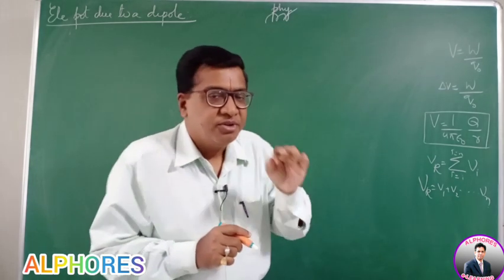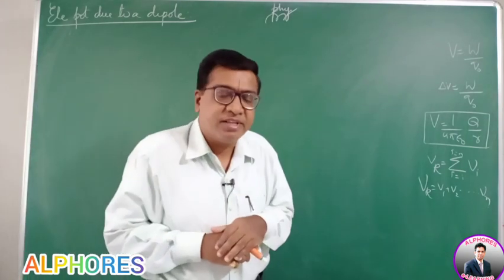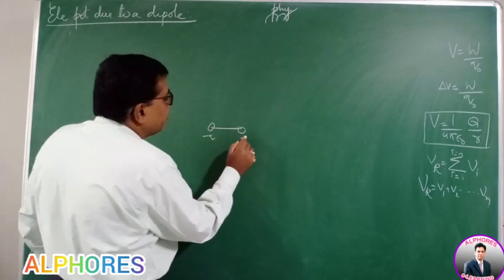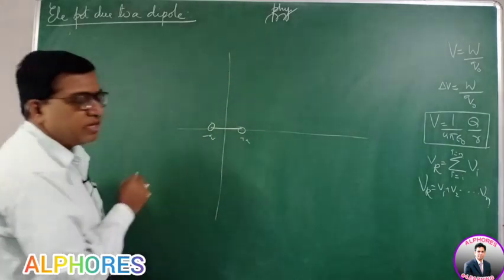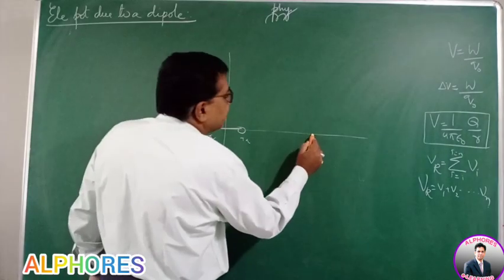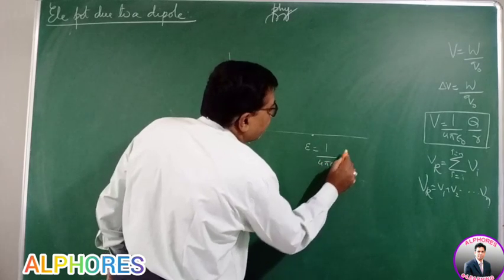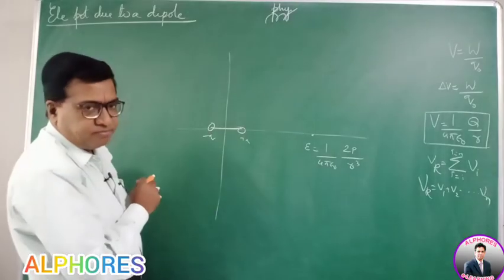For a dipole, we have even derived the formula for the electric field. If I consider a dipole like this, minus q plus q, then this is the axial line of the dipole and this is the equatorial line of the dipole. On the axial line, we derived E equals 1 by 4 pi epsilon naught 2p by r cube, for a short dipole.